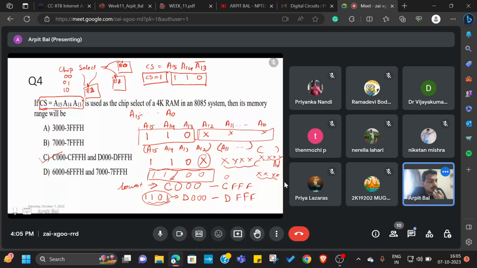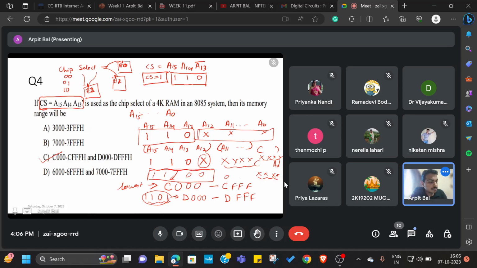The next question was related to the memory range that is going to be used, and here we observed the use of a chip select signal. Let's say you have multiple memory chips available with you. Chip select will be used to enable any one of them.